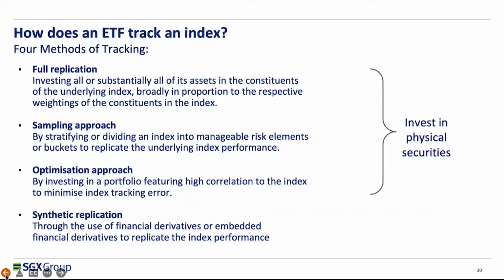And this brings up what is termed credit risk. Credit risk means that you could win the bet but not receive the payment because your counterparty is unable to pay up. That's the credit risk involved, which also explains why synthetic replication is slightly higher risk than the other three.